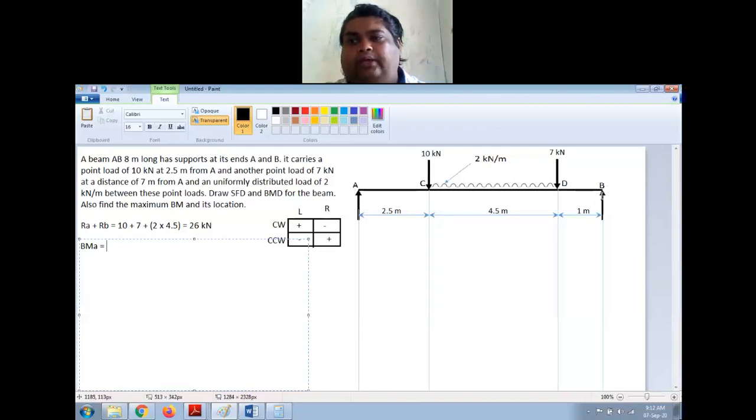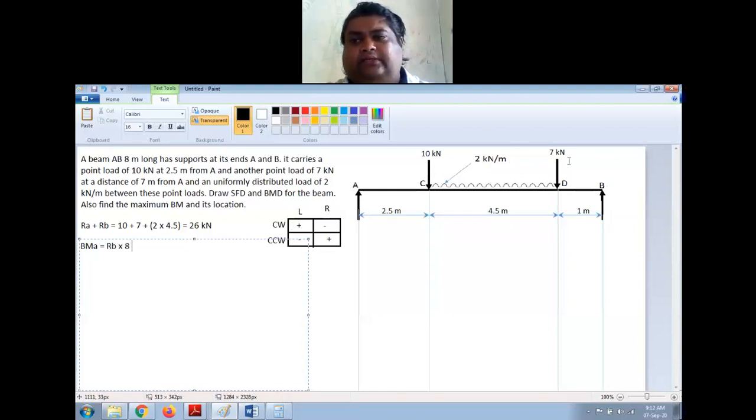So RB is moving upward, and because of which it is making a counterclockwise moment, right? So right side counterclockwise is positive. So I will write it as RB into the total distance from here to here. What is the distance? That is 1 plus 7. So the total distance is 8 meters.